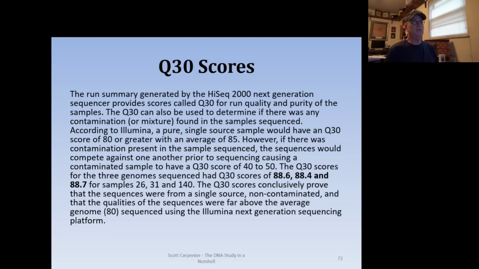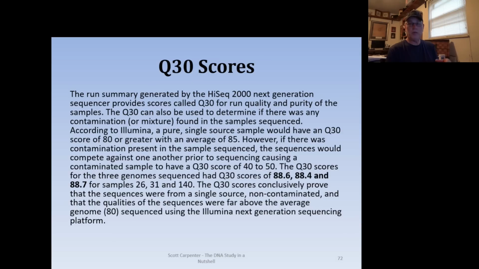They call them Q30 scores. And the Q30 score will tell you the quality and the purity of the DNA sample. It's a digital readout. It gives you this number when you run the samples. And according to Illumina, these are their specifications. They say if you run a pure single source sample, it should have a Q30 score of 80 or greater.